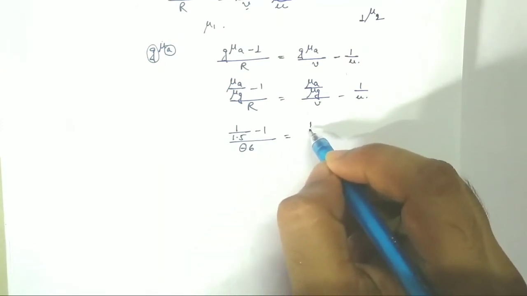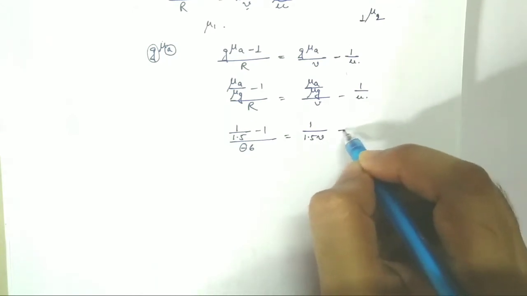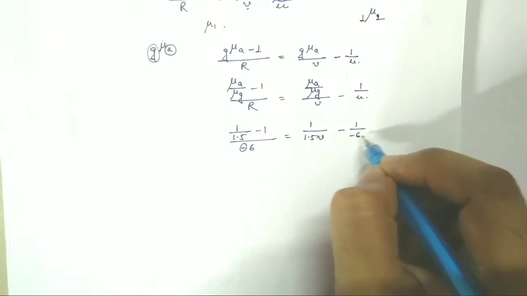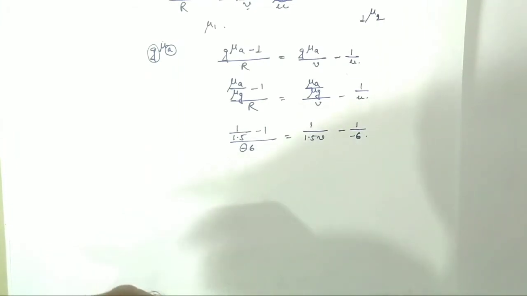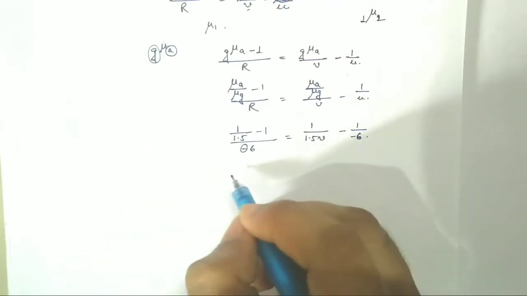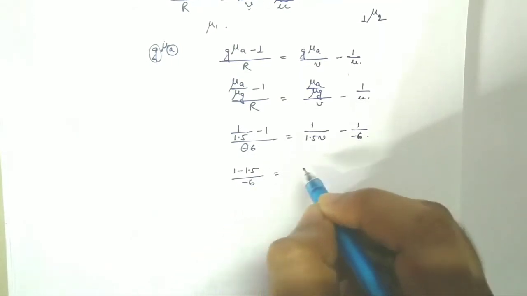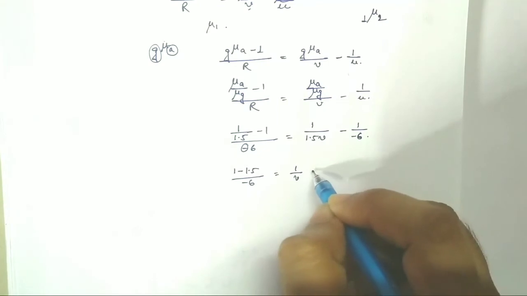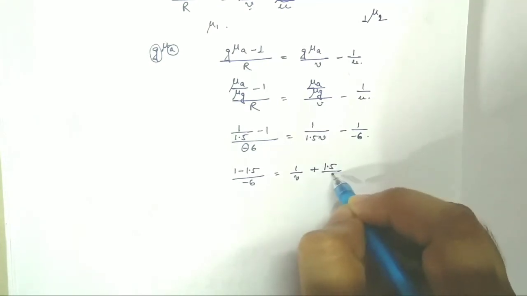So this is equal to 1 divided by 1.5 v minus 1 by minus 6. For a real object we know u is always negative. So 1 minus 1.5 by minus 6, this is equal to 1.5 by v plus 1.5 by 6.